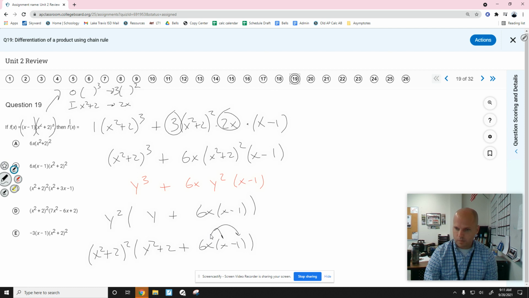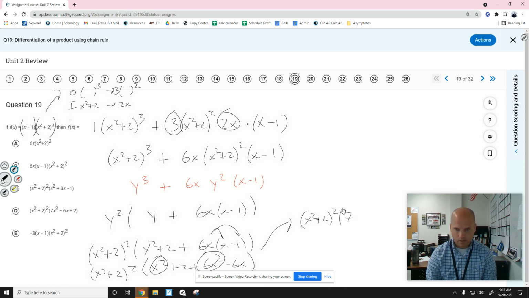Maybe I need to distribute this. 6x squared minus 6x, (x squared plus 2) plus (x squared plus 2) squared. x squared plus 6x squared, 7x squared. So I got that here, and then I got 7x squared minus 6x plus 2. 7x squared minus 2. I got it.